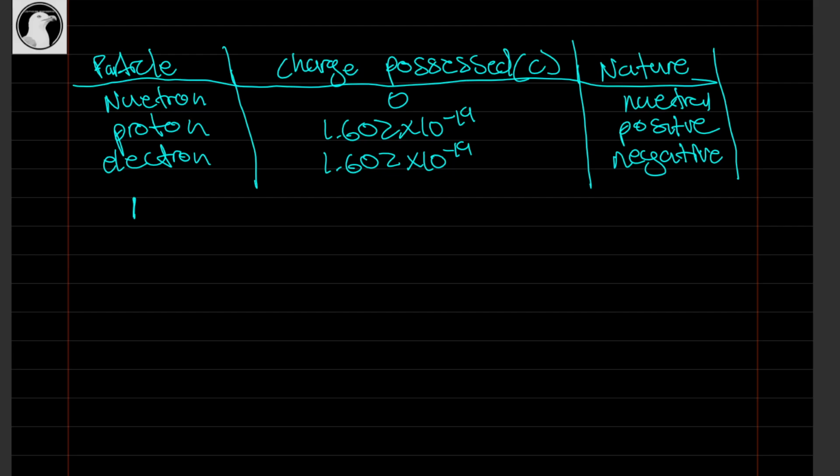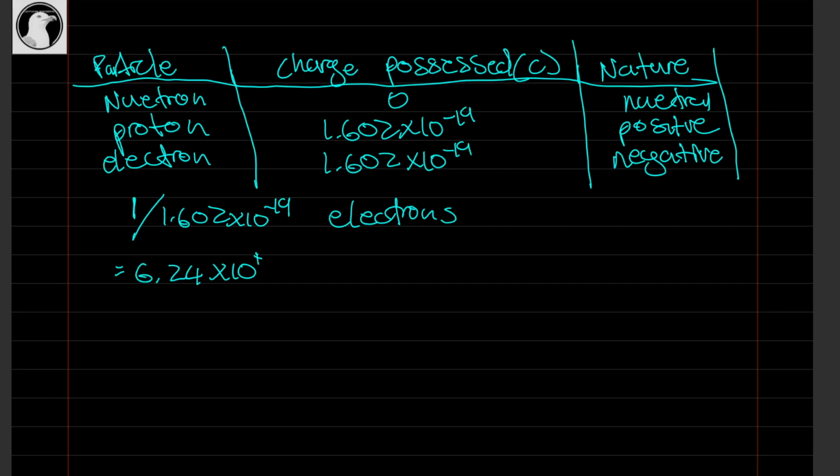So if one electron has 1.602 times 10 to the negative 19 coulombs, then if we divide that, it means 1 coulomb is about 6.24 times 10 to the 18, oh, it's positive 18, I'm sorry, electrons.